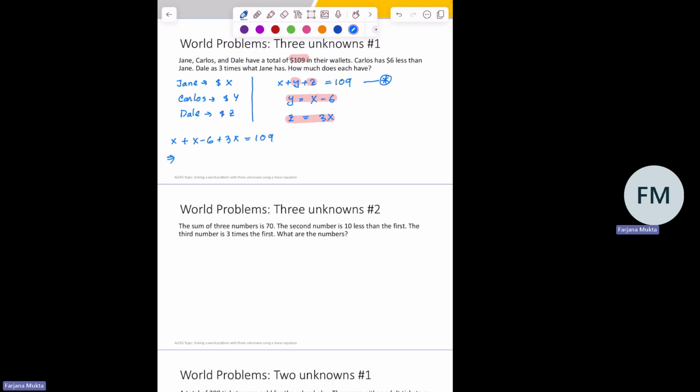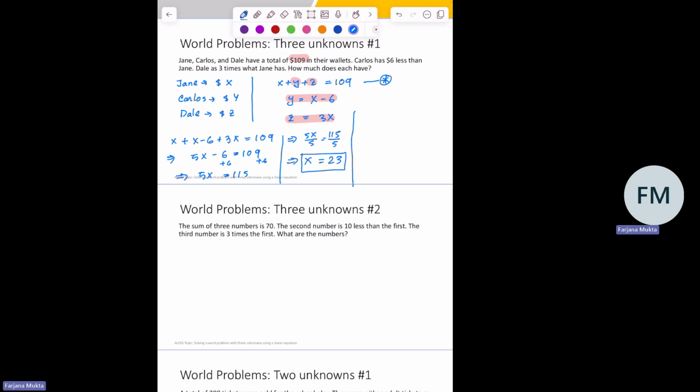Right? And we have here 5x subtract 6 equal 109. Let's add 6 on both sides. So we have 5x equal 115. Let's divide both sides by 5. And we have x equal 23. So that's what Jen has.